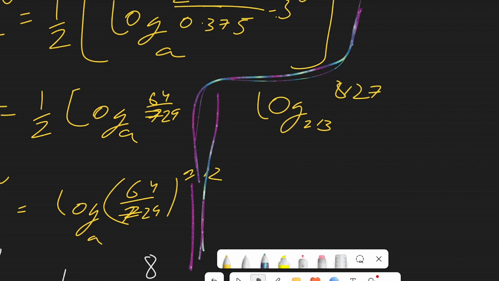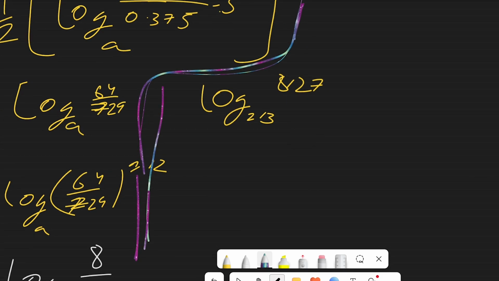So what do we do over here? I am processing right now. We need to calculate this value, right? So how do we do that? What if we change the base? I don't actually know, I'm experimenting with you as well. If we change the base, we can make the base 10.